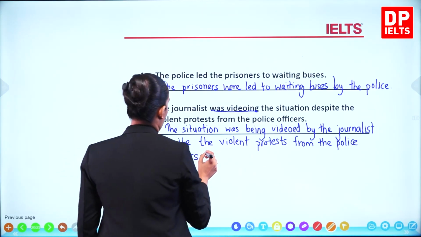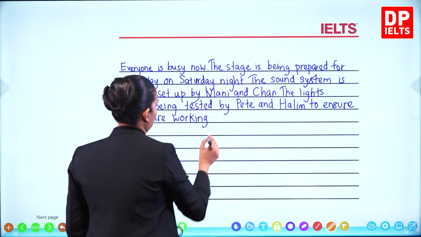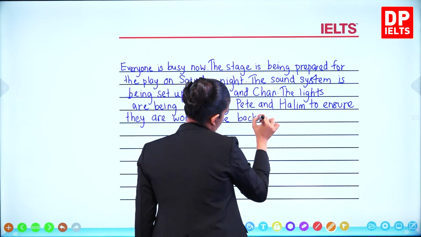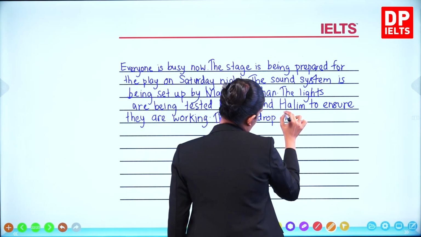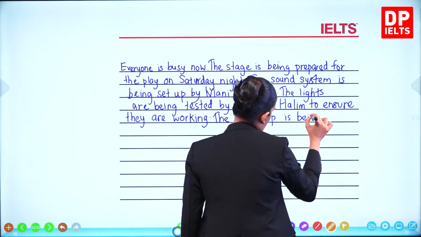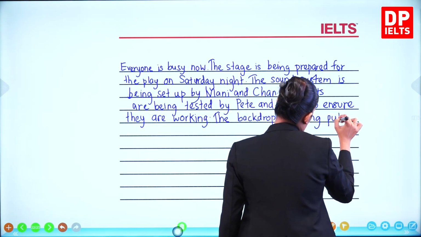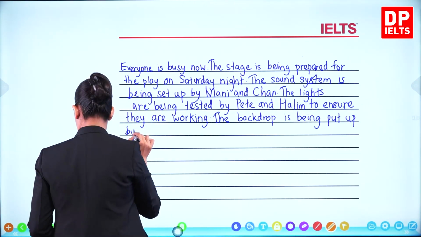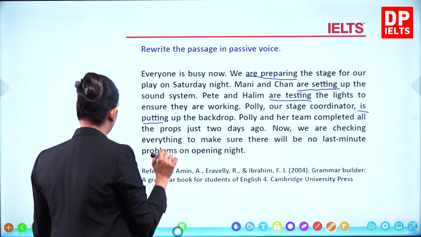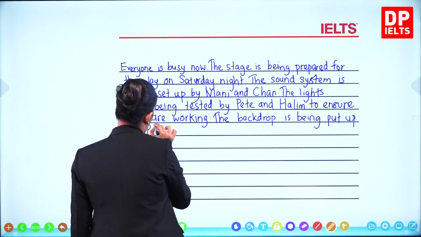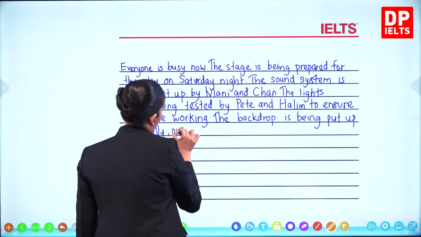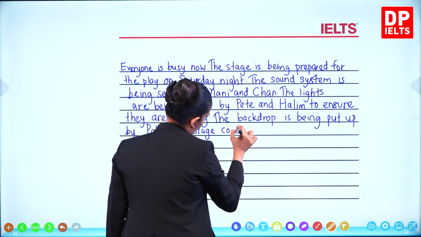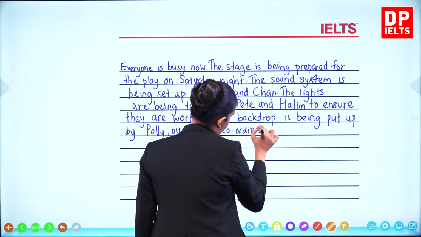So, the backdrop is being put up by Polly, our stage coordinator.